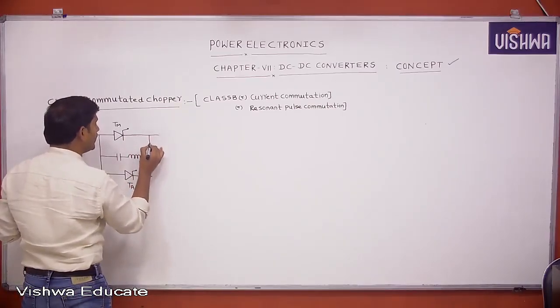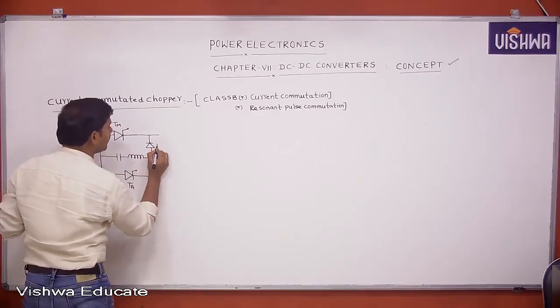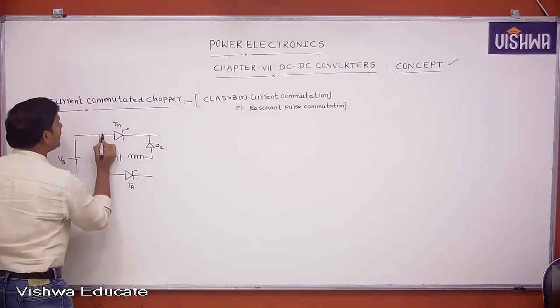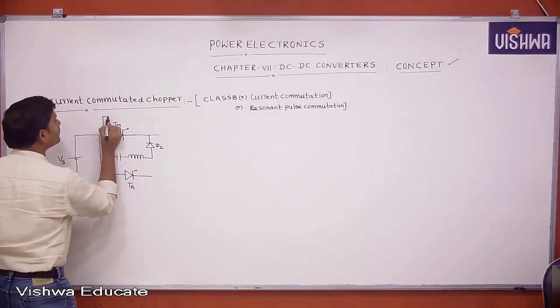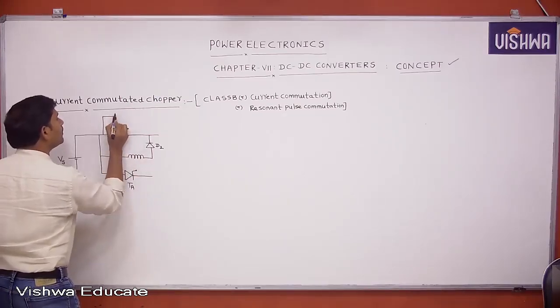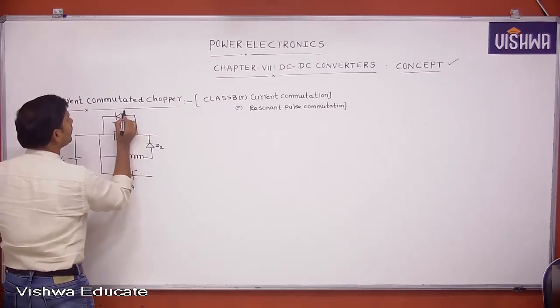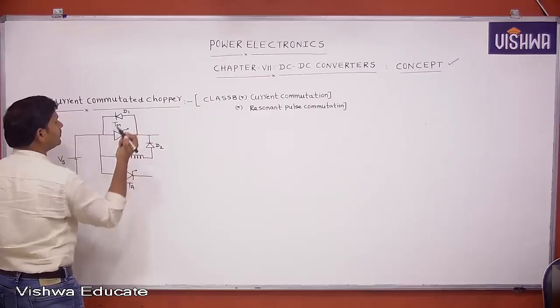Let this diode be D2. But here we are also using one anti-parallel diode, and this is D1 diode.